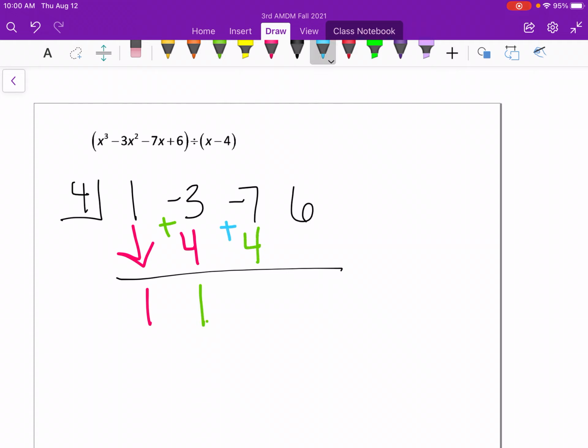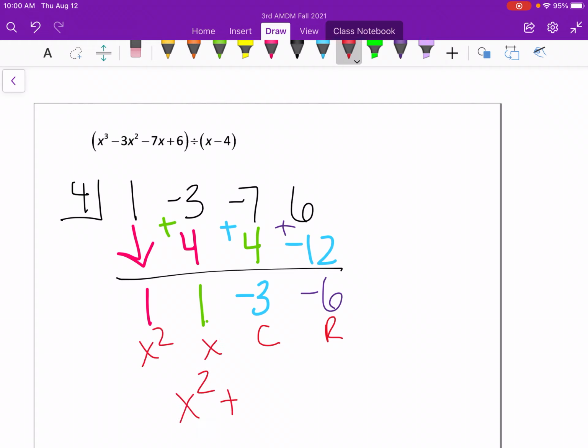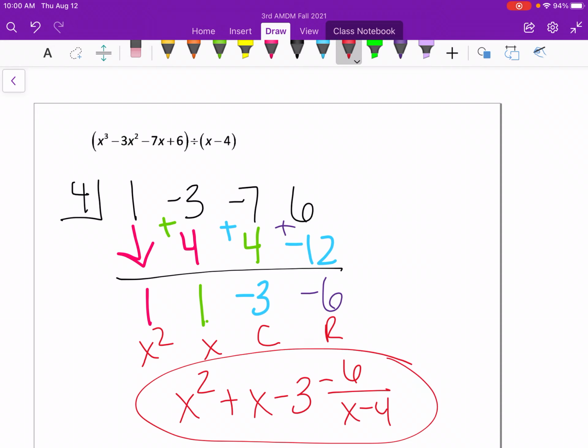Add them. -7 plus 4 is -3. -3 times 4 is -12. Add them, and you get -6. So this is my remainder, constant, x, and x squared. So I've got x squared plus x minus 3 minus 6 divided by x minus 4.